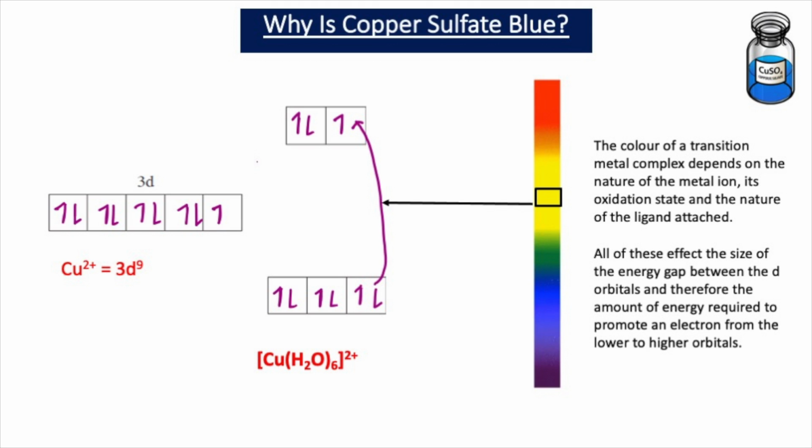So the reason copper sulfate is blue is nothing to do with the sulfate ion, but all to do with the presence of a [Cu(H2O)6]2+ complex or ion, and the presence of this complex causes d levels to split and the compound to absorb light in the visible region, and d-d electron transitions.